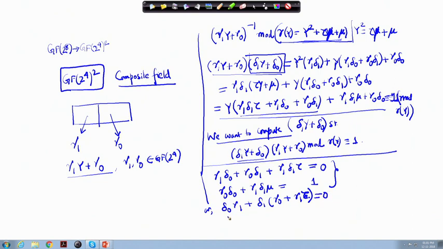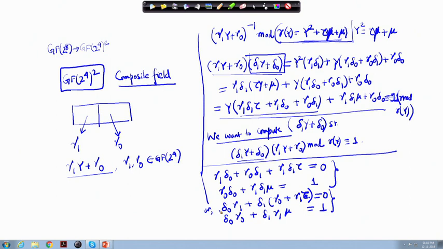And I have the other part, which is delta 0 gamma 0 plus delta 1 gamma 1 mu, and this is equal to 1. So now I have two equations and two variables to solve, that is delta 0 and delta 1. So how do I essentially solve them?